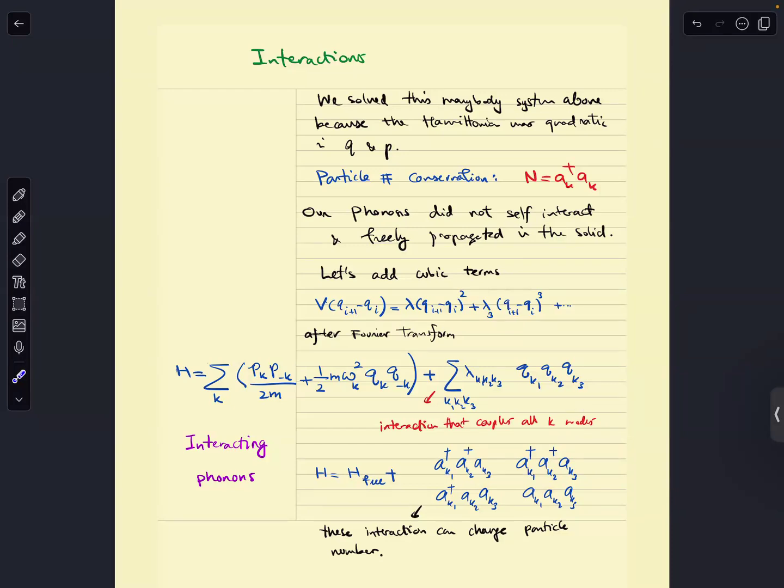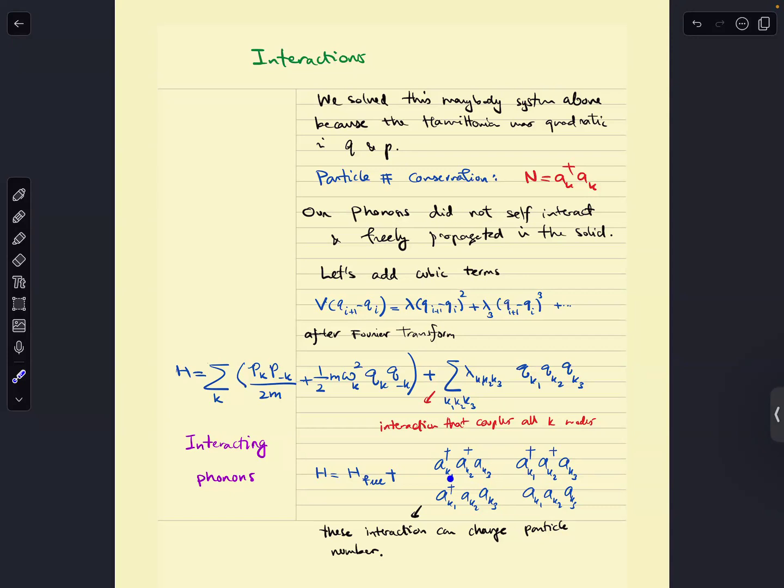which means that once you quantize the model, you're going to get all sorts of terms. You promote Q and P to operators. Q, if you recall, was related to A plus A dagger, right? So when you expand them, you get A plus A dagger, A plus A dagger, A plus A dagger. You're going to end up with terms like this. This one annihilates a particle of momentum K3 and creates a particle of momentum K2 and a particle of momentum K1.